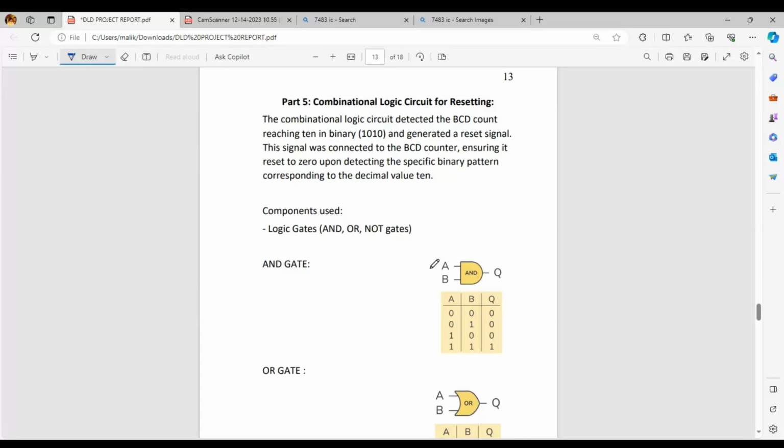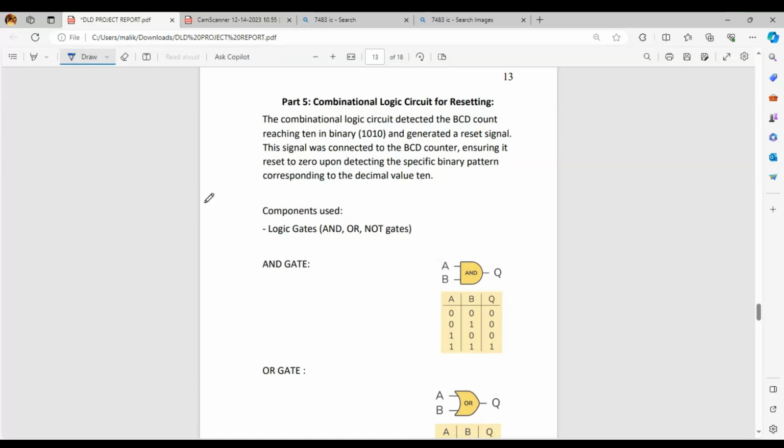As you saw in the thumbnail before, it was written as reset 10 to 0. Whenever the 10 arrives at the input of any combinational circuit, there should be four inputs and four outputs. The 10 is 1010, which comes in the form of four bits, and it should be turned to zero, with all the bits of the 4-bit number being zero.